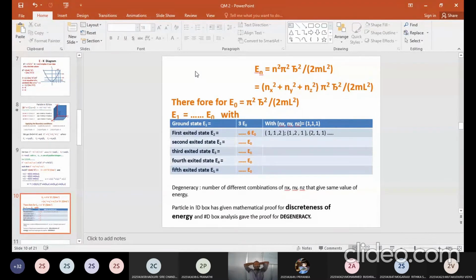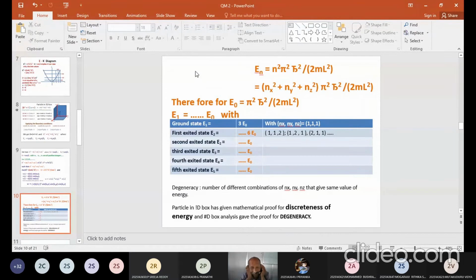Anybody? We don't have 7 E naught or 13 E naught as energy levels, do we?